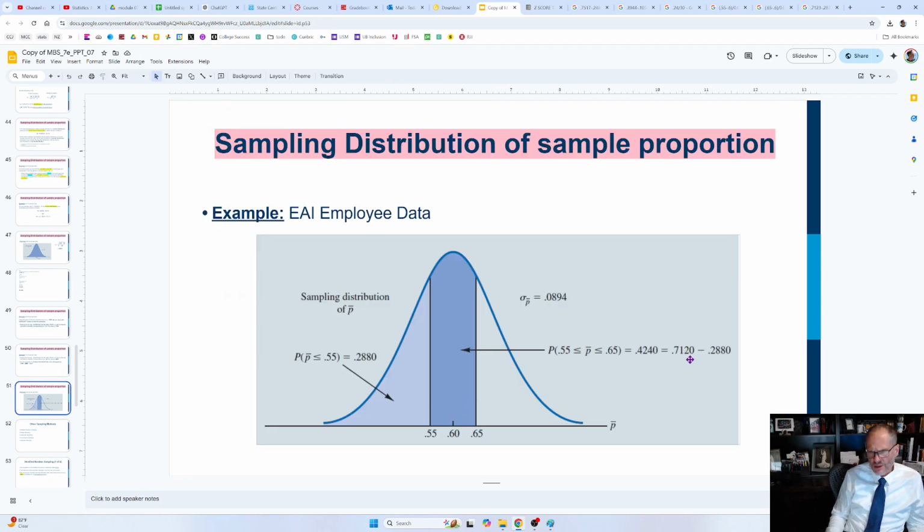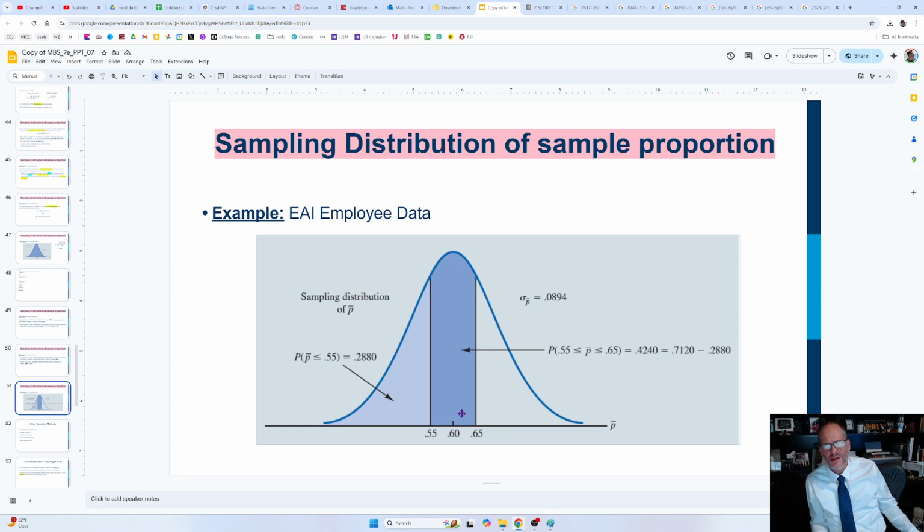So it's 71.2 minus 28.8. That's really weird how they wrote this, because the answer is then 42.40. I guess they're just explaining it left to right. That's the standard error of the sample proportion, but that's the data right there.